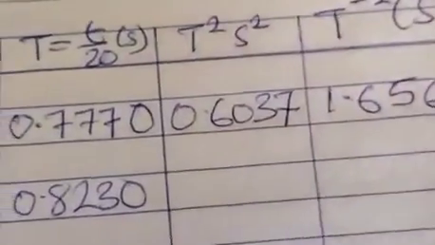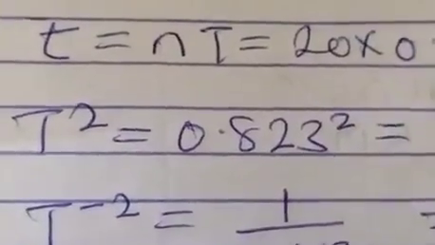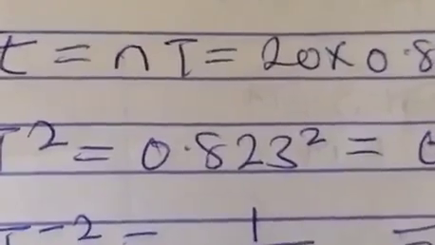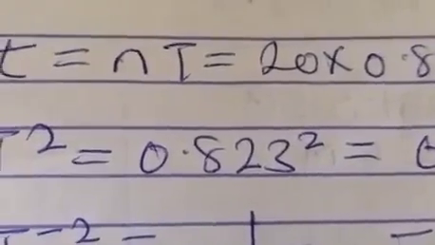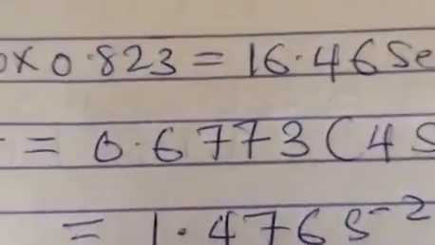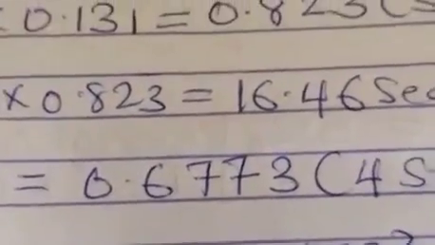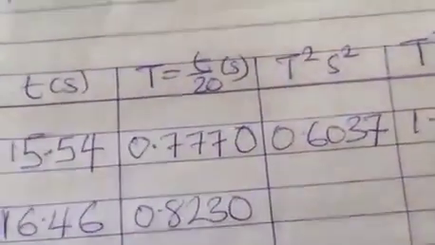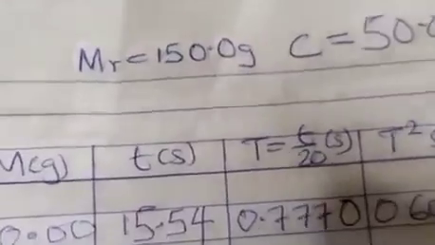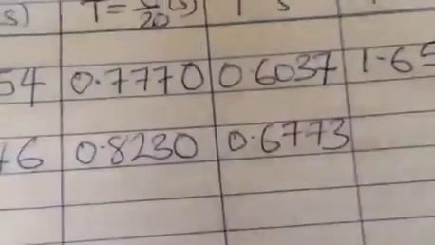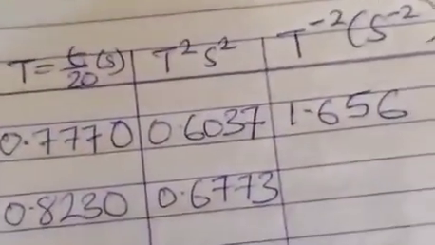Let's now go ahead and find the period squared and the inverse of the period squared. Our period squared, that is t squared, is 0.823 squared. 0.823 is the period calculated before. So 0.823 squared gives us 0.6773 to 4 SF. So report our work, 0.6773.